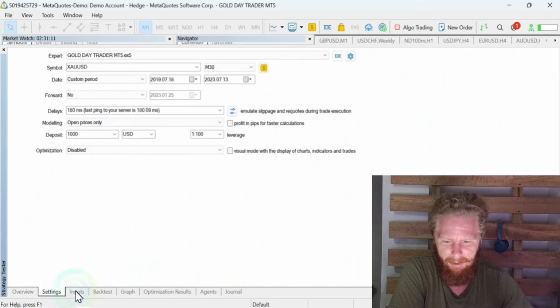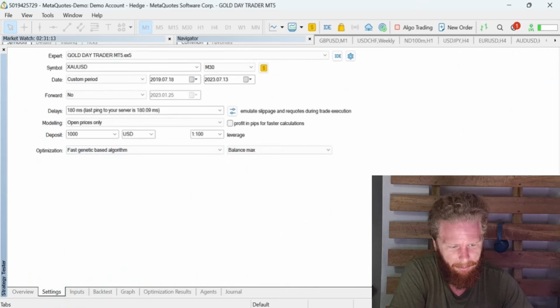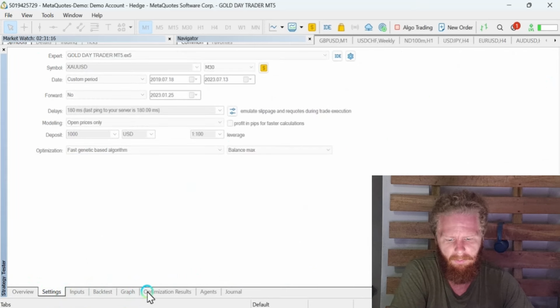I think it still needs optimization, so let's see. Let's do an optimization for 3000 passes with these simple ranges. And ranges are very important in optimization. Also in the next chapters I'm going to show you how you can use complex fitness functions, which means complex criteria to select your best passes, your best optimization sets.